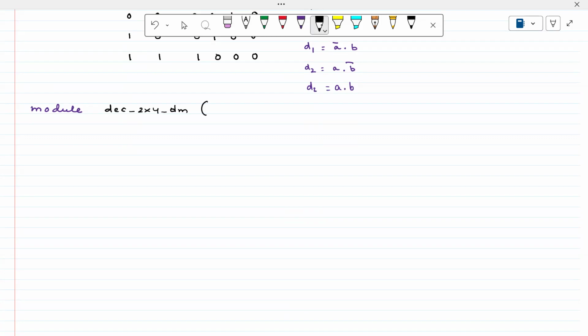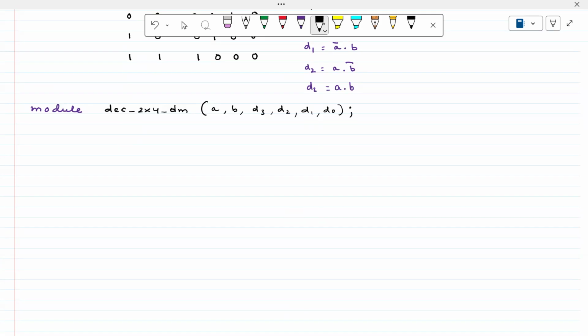What are the variables I'm using? A variable, B variable, D0, D1. Let me write all these things from MSB to LSB. That is a better way. Therefore, D3, D2, D1, and D0. Okay.